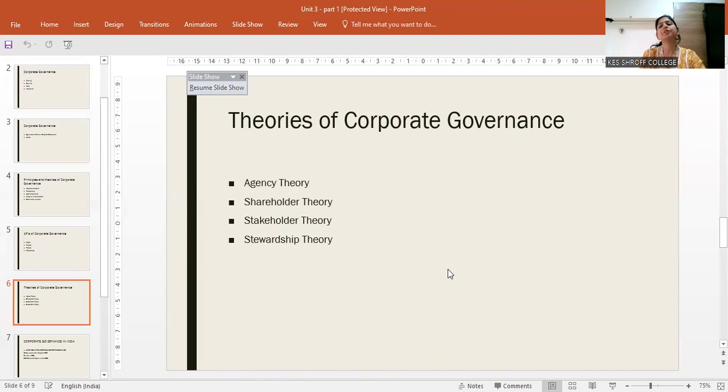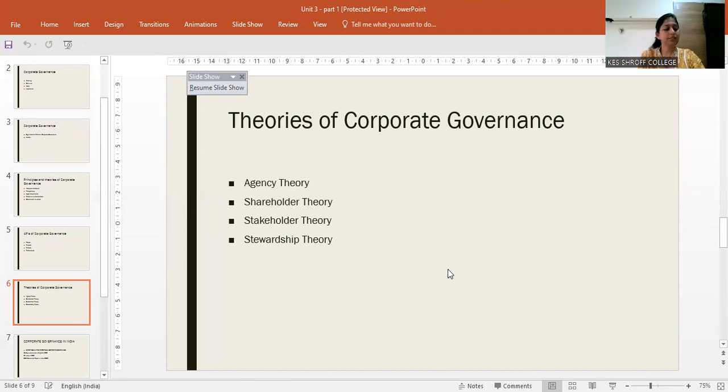Now, stakeholder theory is a wider concept as compared to shareholder theory. Stakeholder theory can be defined as any group of individuals who is affected by the achievement of the organization's objective. Stakeholder theory was introduced by Edward Freeman. Now, what does stakeholder mean?